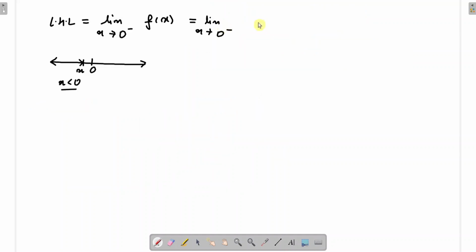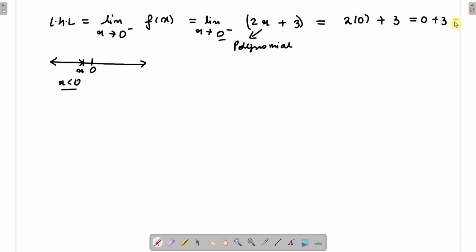So you have to write that here. Now you have limit x tends to 0 minus of 2x plus 3. This 2x plus 3 is a polynomial. When you calculate the limit for a polynomial, you directly substitute the point in the polynomial. So 2 times 0 plus 3, that is 0 plus 3, which is 3.